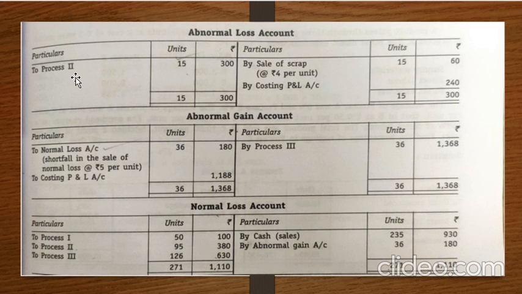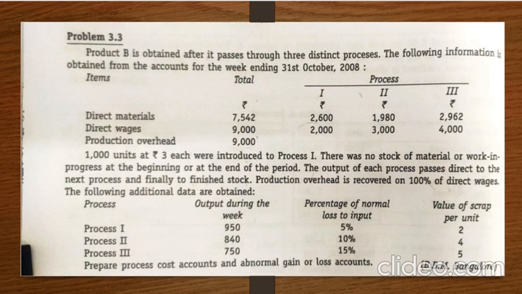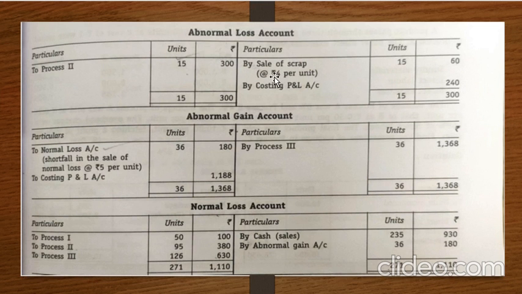For your process 2, the scrap value given in the problem is rupees 4. Here you have abnormal loss units of 15. So 15 into 4, scrap value is 4. So you can realize only 60 rupees. So out of 300 loss, you can only realize 60 rupees by selling the scrap.